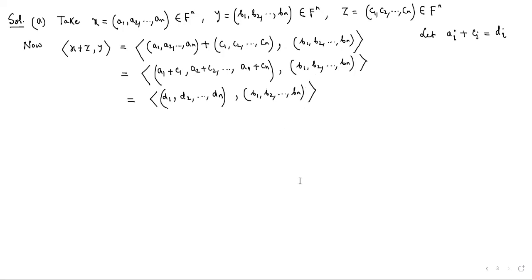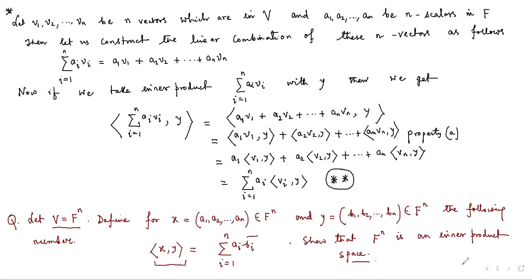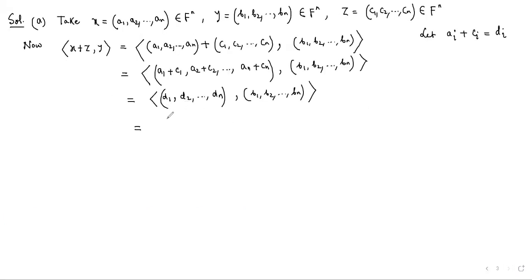Now, this inner product is defined. How have we defined the inner product? Just look at this: summation i goes from 1 to n, ai, bi bar. So my inner product (x, y) is summation i goes from 1 to n of ai bi bar.